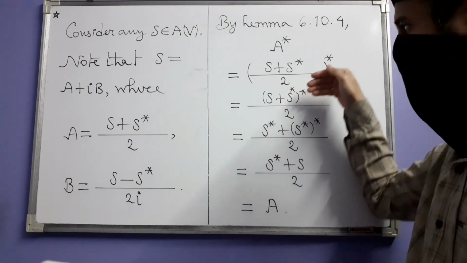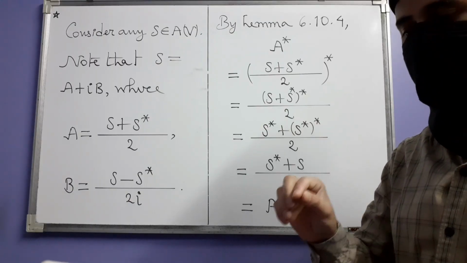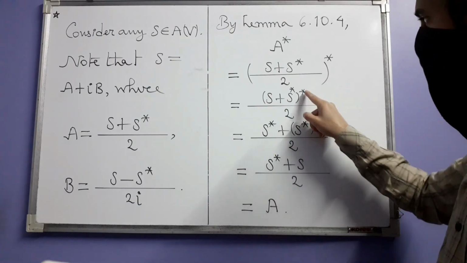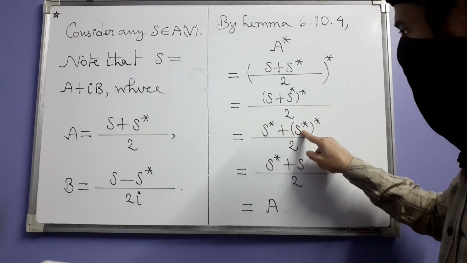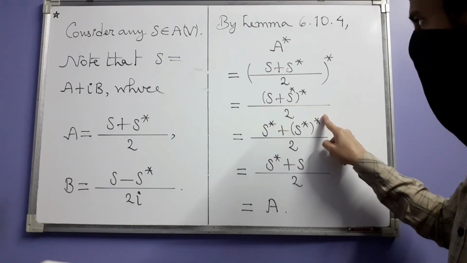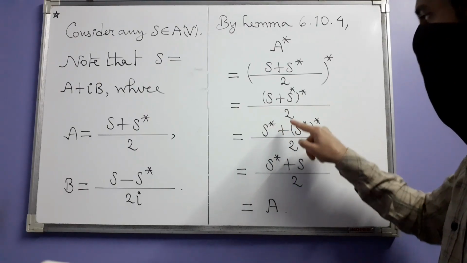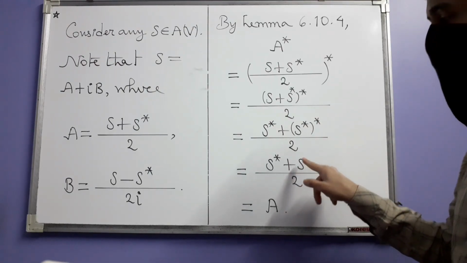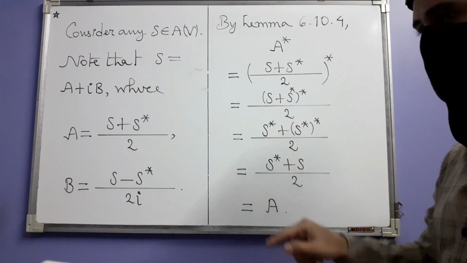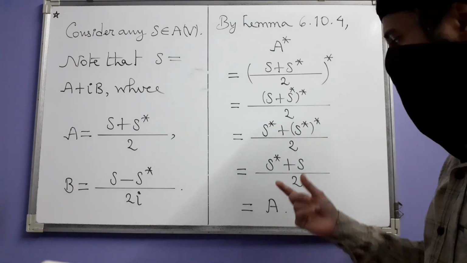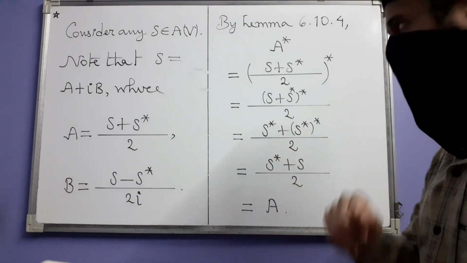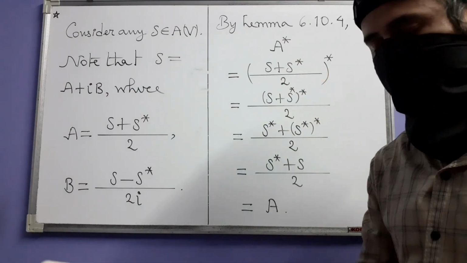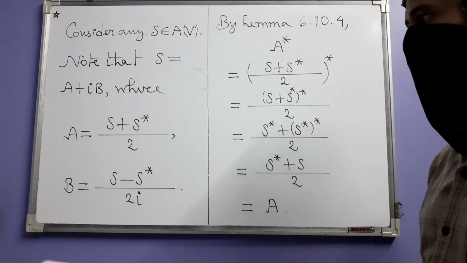Star gets inside the sum and gets applied to each operator in the sum. So that's how we have S star plus S star star. And then one more property tells us that this is equal to S. Because addition of operators is commutative, so this is just A.